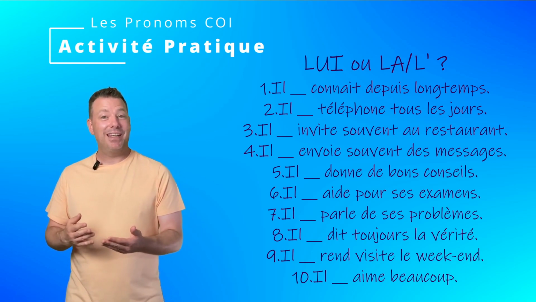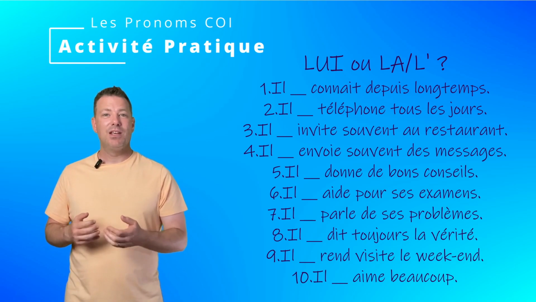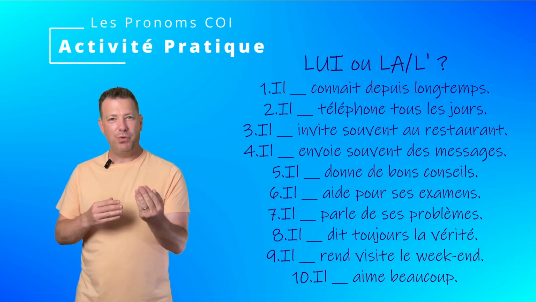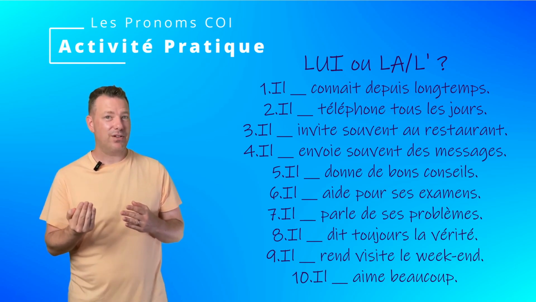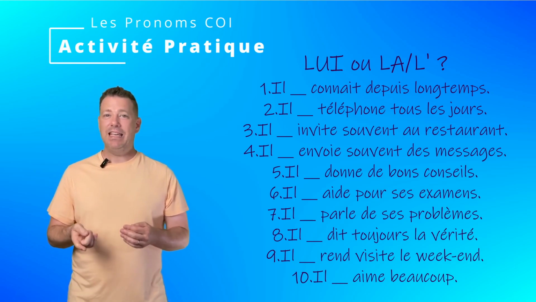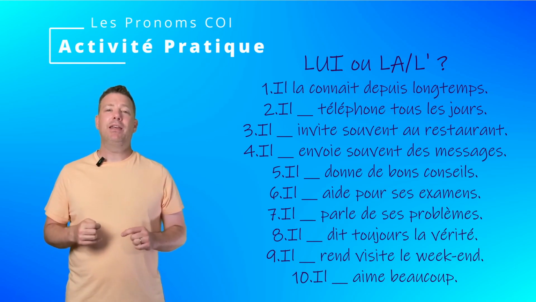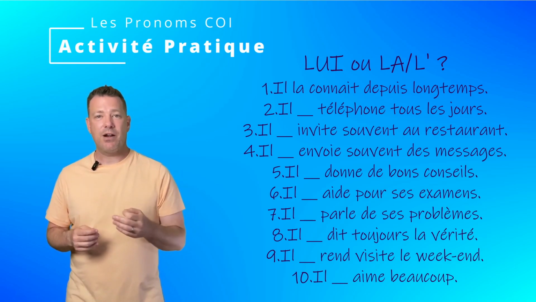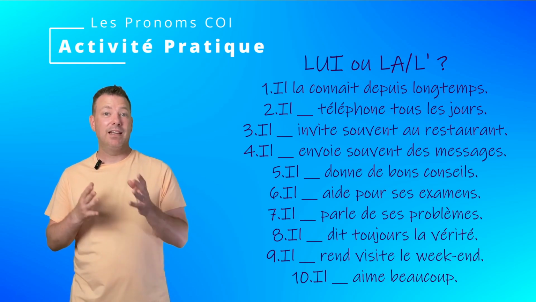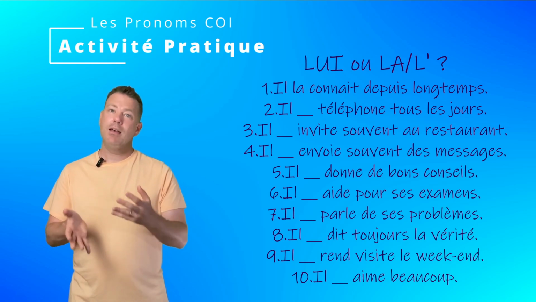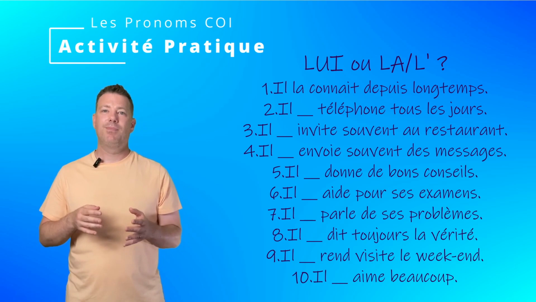Il connaît depuis longtemps. So are you going to use lui or la? He knows her. How her is going to be translated here. Il la connaît, yes, you need to use a direct object complement here because of the verb, okay? Connaître qui, il connaît qui, Anna, that's direct.